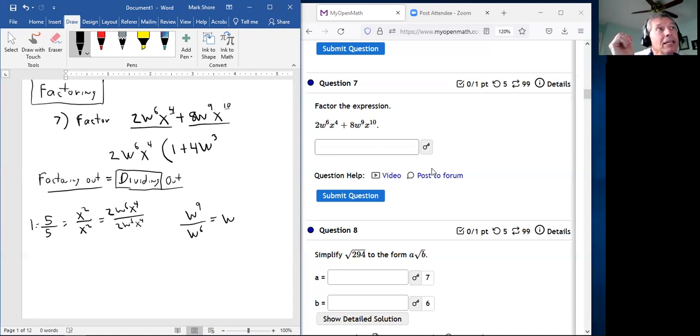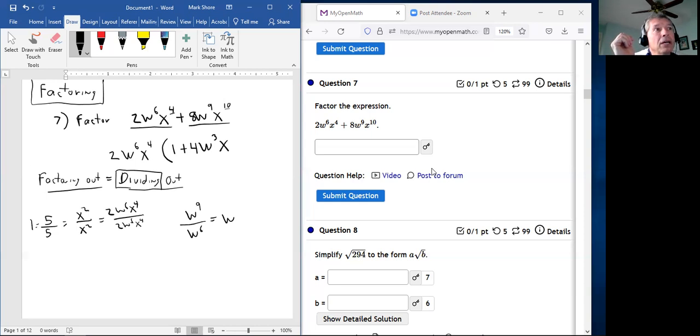And by the same idea, this is going to be x to the, so it's either to the, because we're factoring down, so it's going to be x to the 5th or the 2nd. Well, look, how did you get the 3 here?